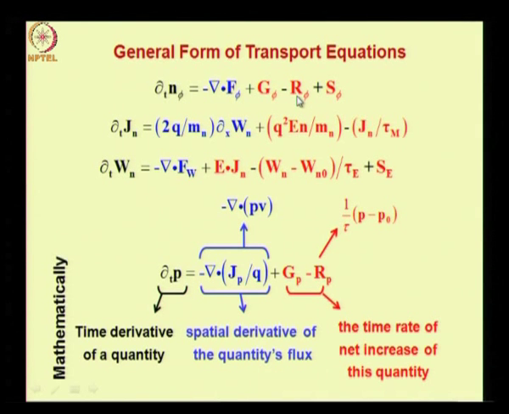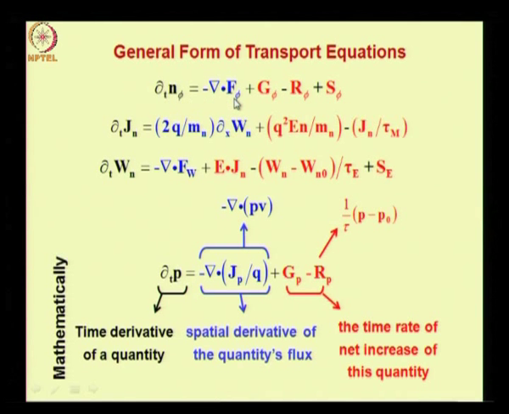Then you have a loss of n phi, maybe because of things such as collisions, and then you have a source term, generation of n phi because of electron hole pair generation recombination processes.